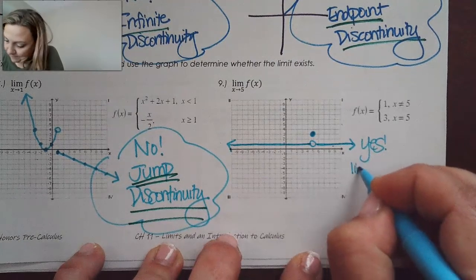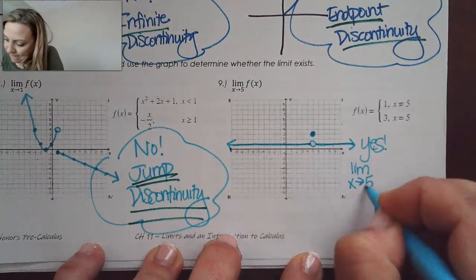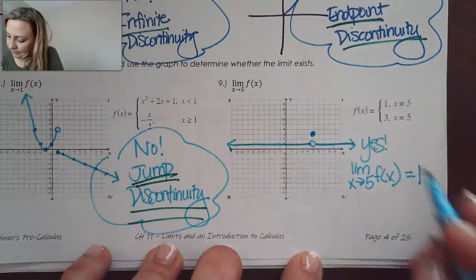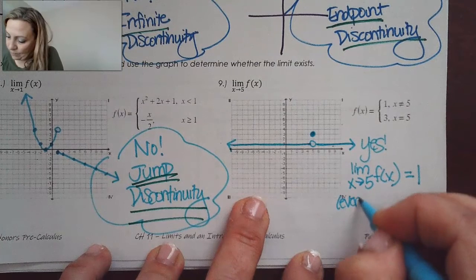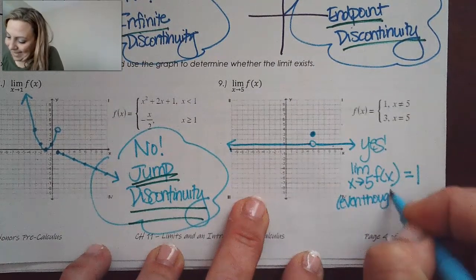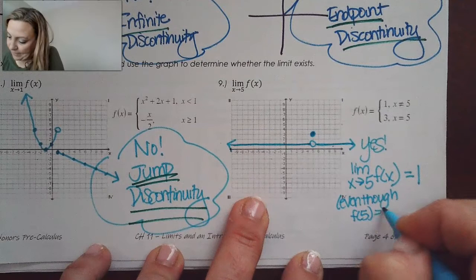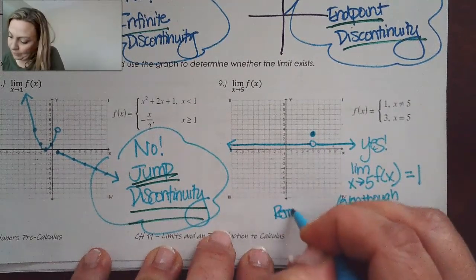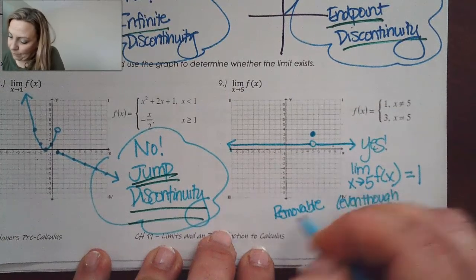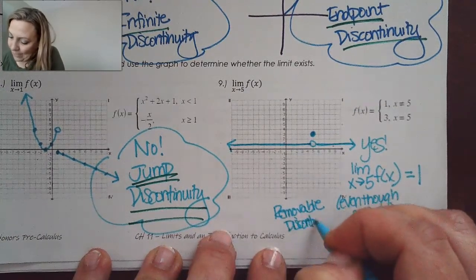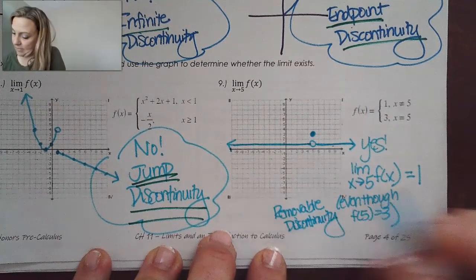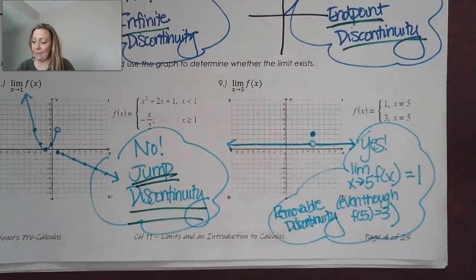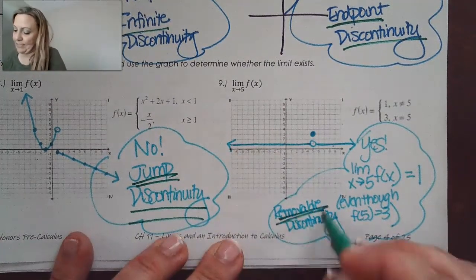The limit as x goes to 5 of f of x equals 1, even though f of 5 equals 3, okay? And again, this is because this is a removable discontinuity, and a removable discontinuity is okay, okay? So yes, the limit does exist because of that removable discontinuity.